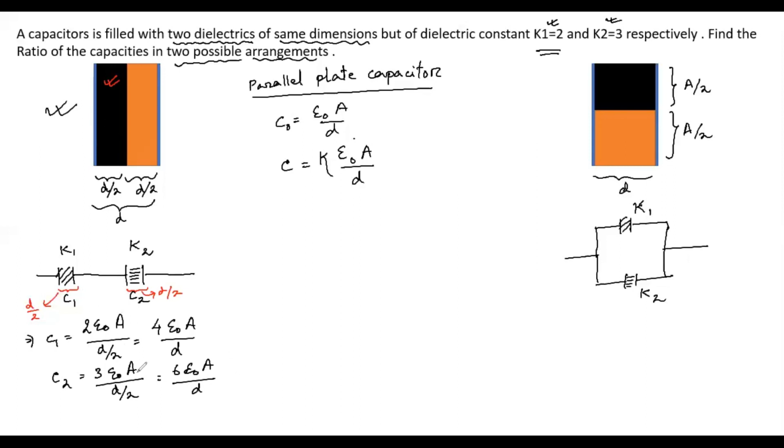Now since these two capacitors are connected in series, we are going to use the series formula, which is nothing but 1 by C1 plus 1 by C2.